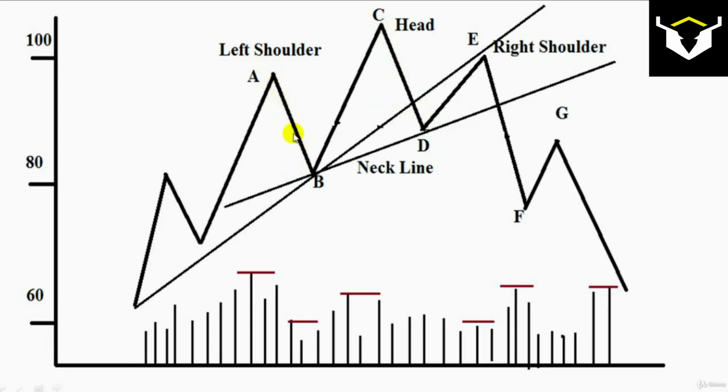Whereas if this retracement was to be compared with its previous top, you can see the retracement is negligible or very small. But here the retracement is more than 50% of this range.